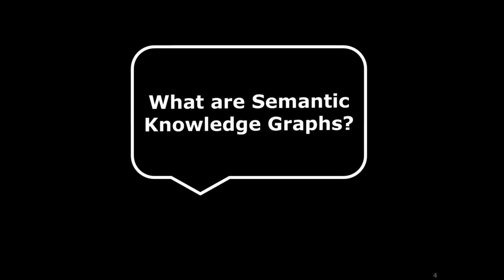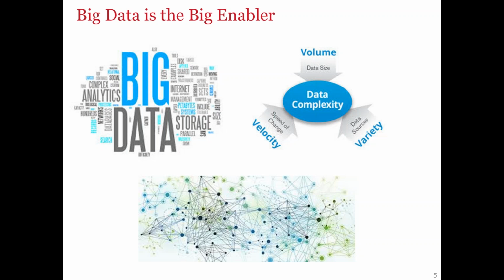Let's start with semantic knowledge graphs. What are they? To put that into context, you have to first look at big data. We would say that big data is the big enabler of all of this. Without big data, all of these technologies would be needed, but having big data puts the need somewhat on steroids, because as a result of big data, we're able to consume vast quantities of information at a very rapid pace.